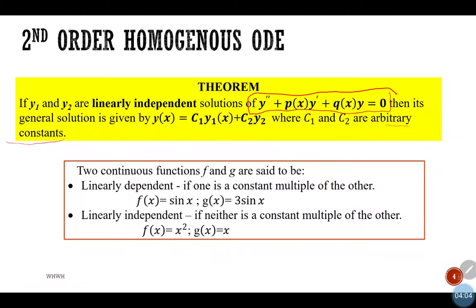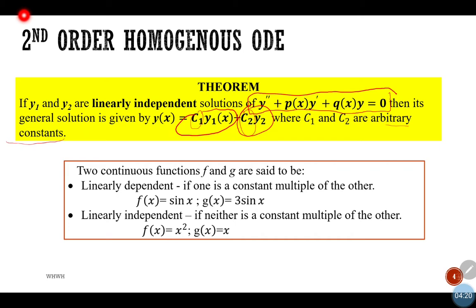Very simple. I think many of you have learned this before, right? And the solutions, it says there are two solutions, y1 and y2. For each y, we introduce a constant, C1 and C2.